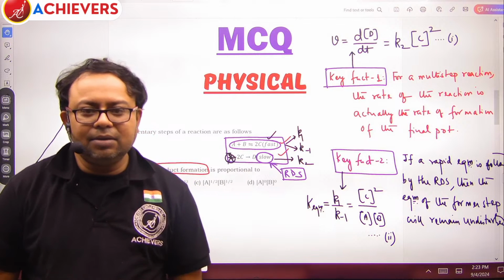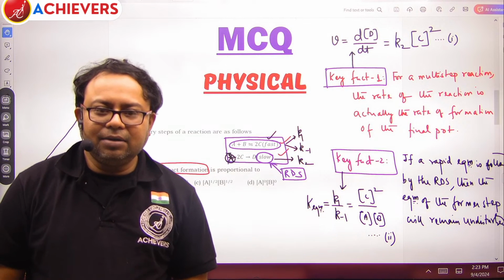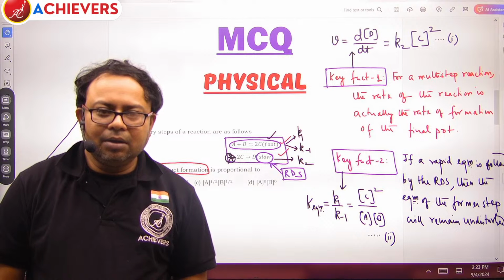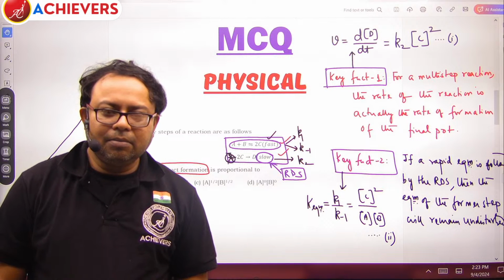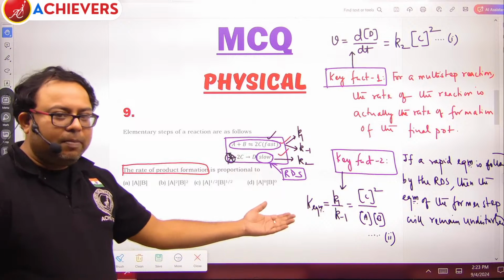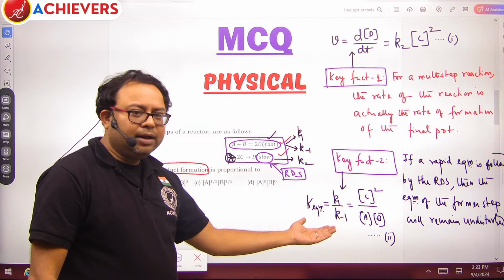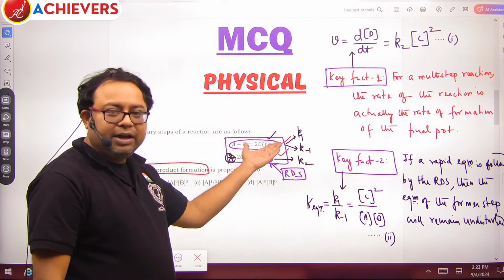As simple as that. The expression of the equilibrium constant can be easily written from the given mechanism.